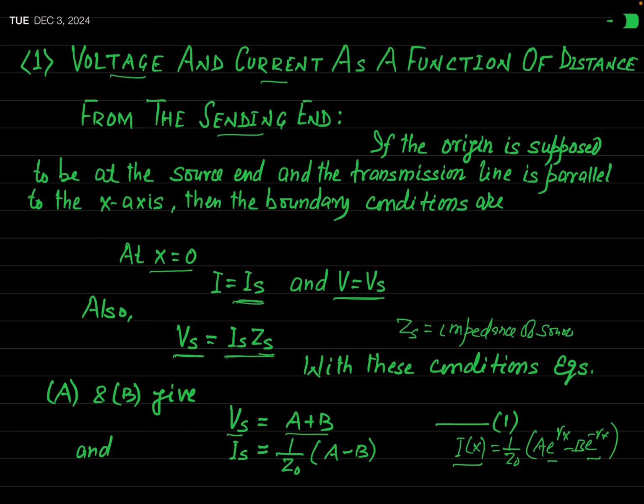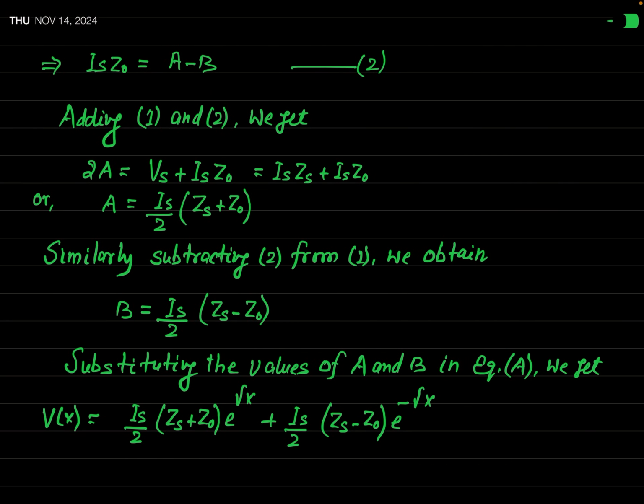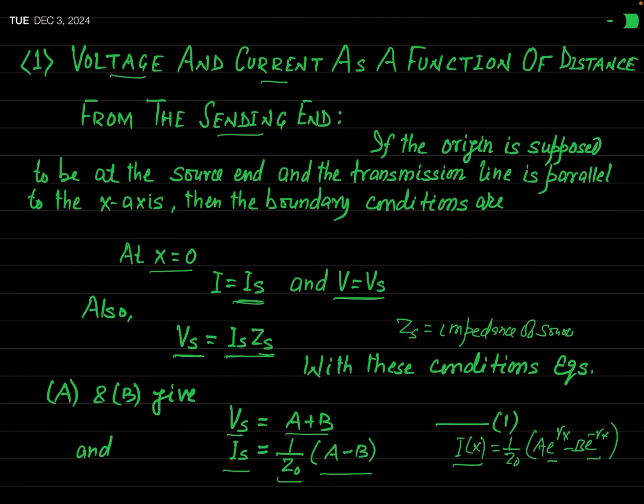So I have written here, you can see Is will be equal to 1 over Z0 times A minus B. By cross multiplication, you can write Is times Z0 equal to A minus B. Now you can see we have two independent equations containing A and B. In equation 2, A minus B is equal to Is times Z0, and in equation 1 there is A plus B equal to Vs.